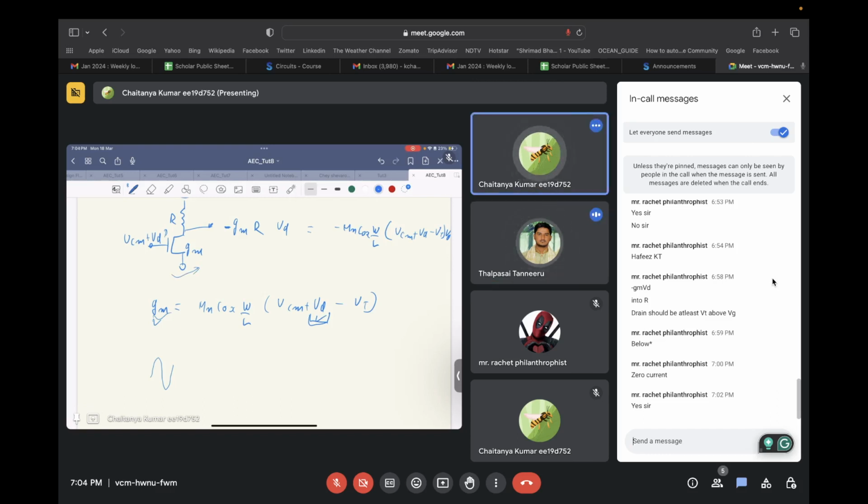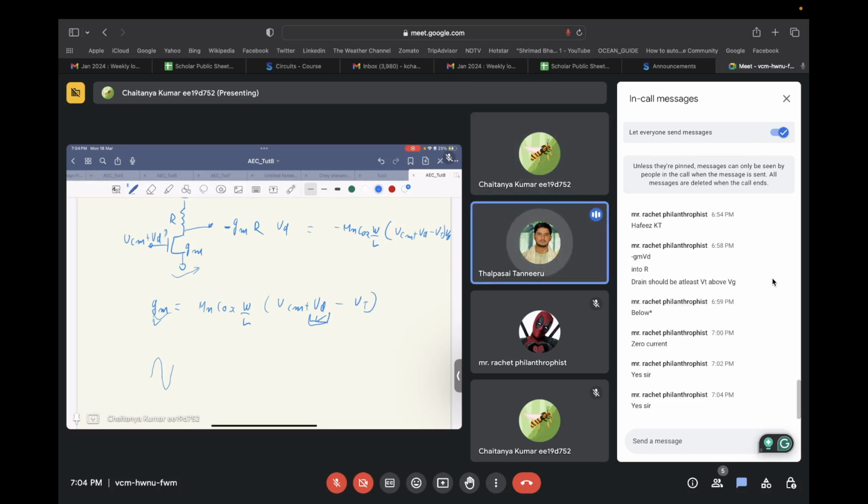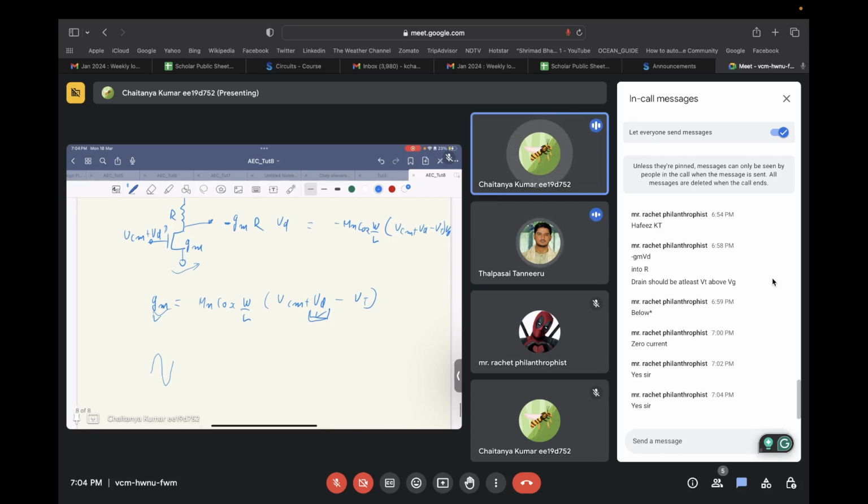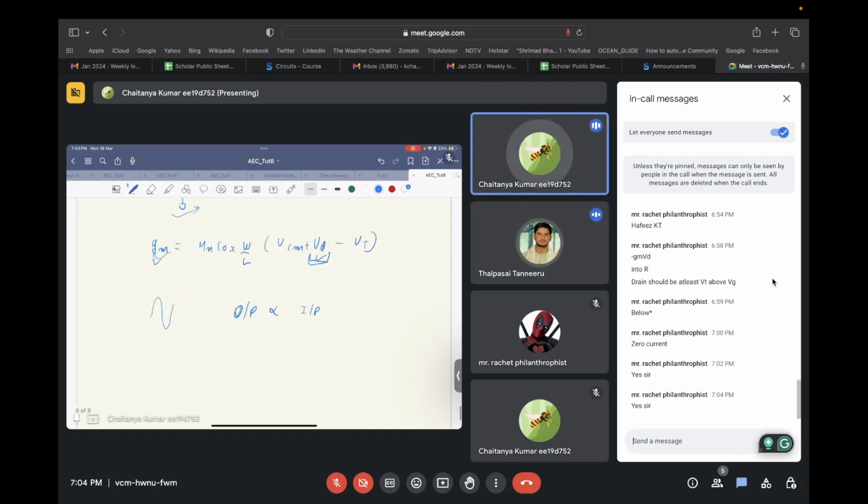You understand? What is a linear system? It should follow superposition and homogeneity, sir. That is correct. Linear system means that your output is dependent on the input, but here your output is also dependent on VD square along with the original VD.